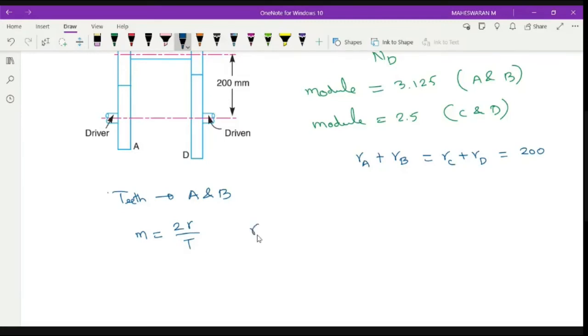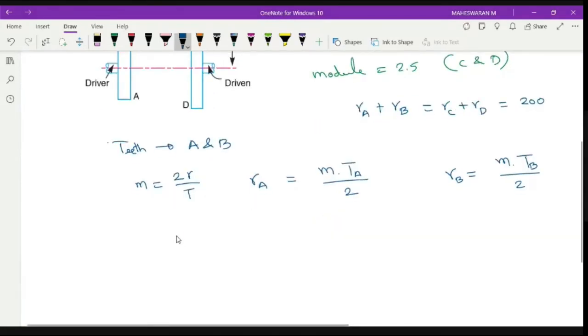Which means RA will be equal to M into TA divided by 2. Similarly, RB is equal to M into TB divided by 2.